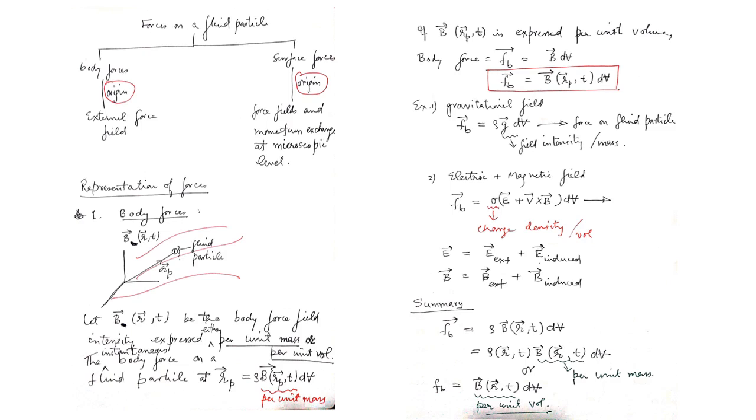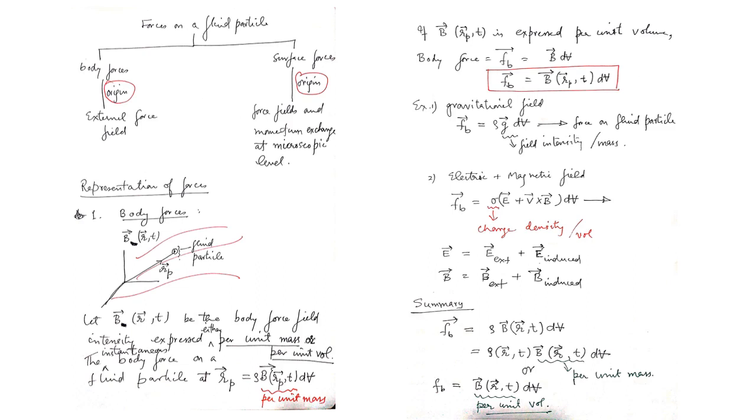Then the body force is simply B multiplied by the volume, because it is already per unit volume, so we multiply by the volume, not the mass. Depending on how we write the intensity, we can accordingly adjust our expressions for the body force vector acting on a particular fluid particle at a certain time instant.